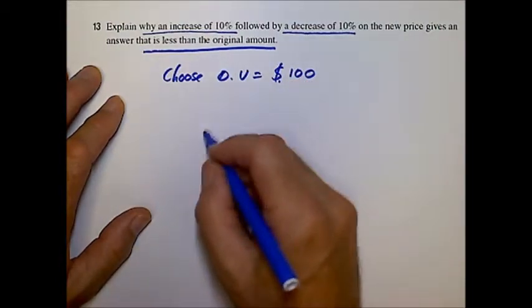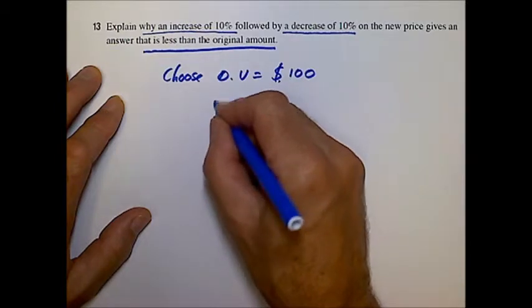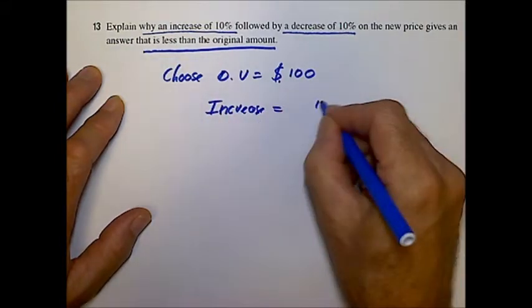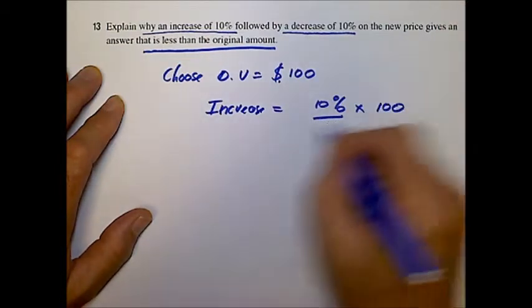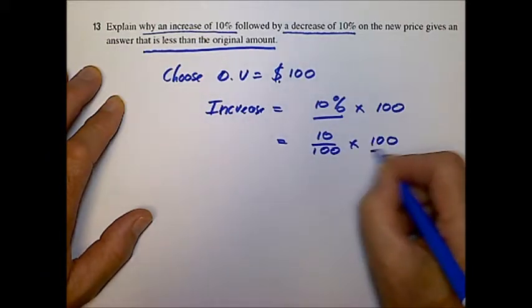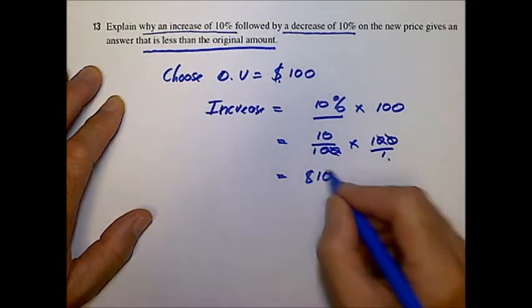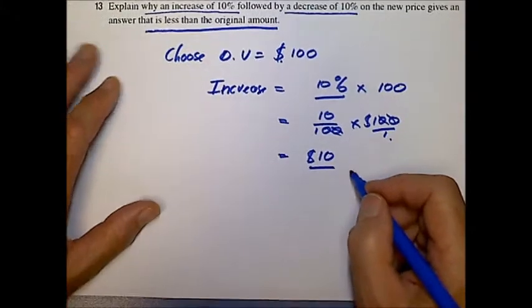So if we have an original value of $100, the increase will be equal to 10% of 100, which will be equal to 10 over 100 times 100 over 1, which of course is going to be equal to $10. Okay, so the increase is $10.